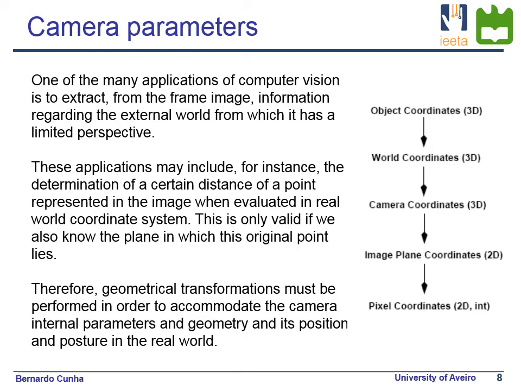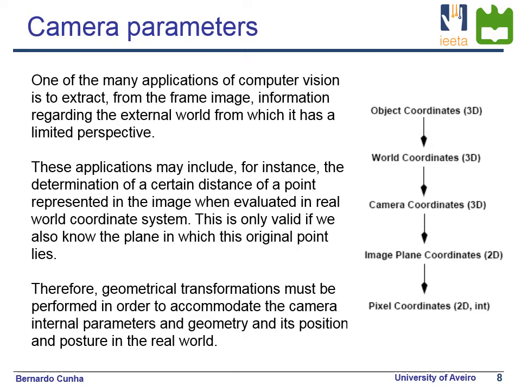And then we have our first limitation, the image plane coordinates, which are only 2D. Inside the image coordinates, we also have the pixel coordinates, normally expressed in 2D, also X and Y.